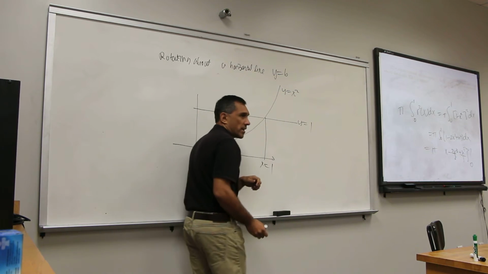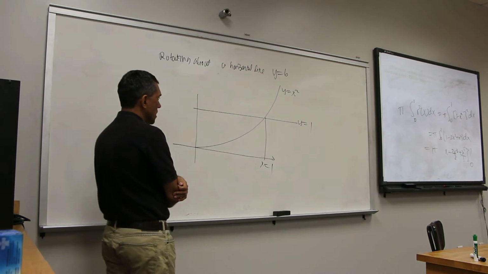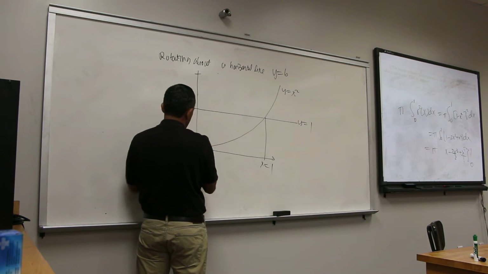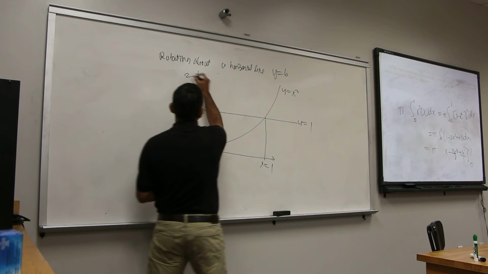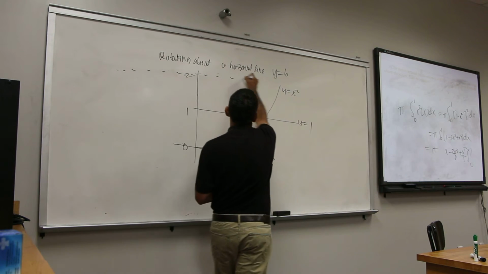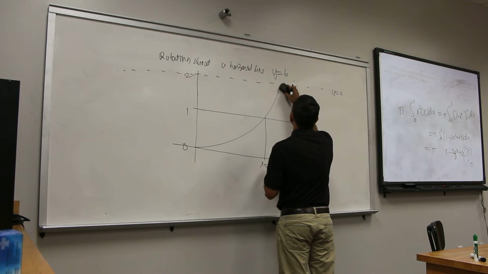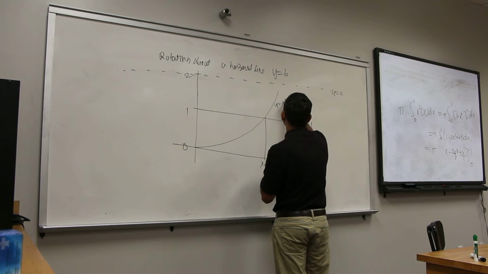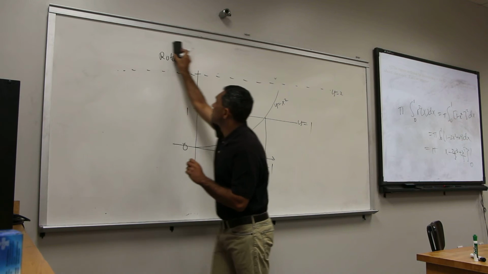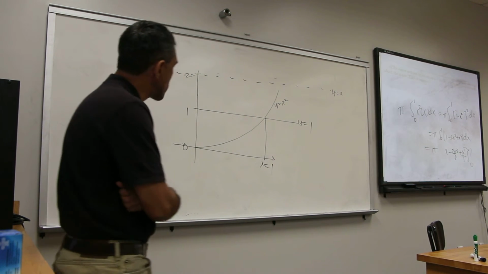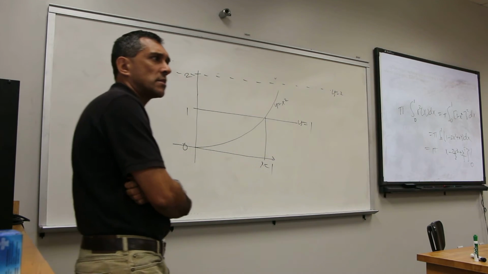X equals 1. Sorry. Now what do you want to do? There are many things you can do, Mr. Harris. The choice is yours. I'll leave it for you to decide what you want to do. You have this line y equals 2. What do you want to do, Mr. Harris? Tell me and I will tell you how to do it.